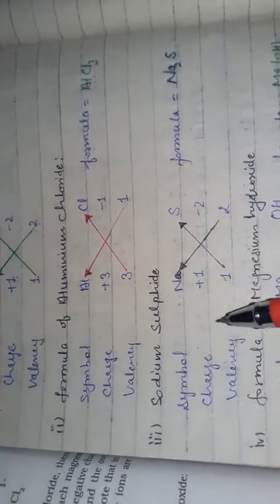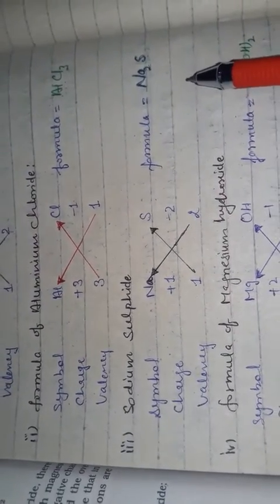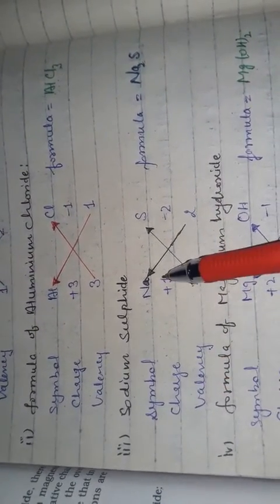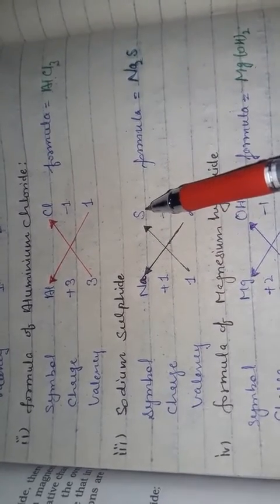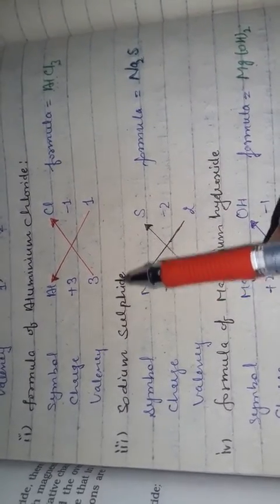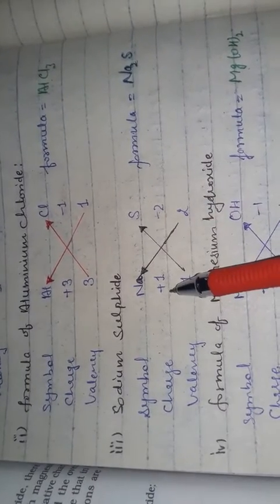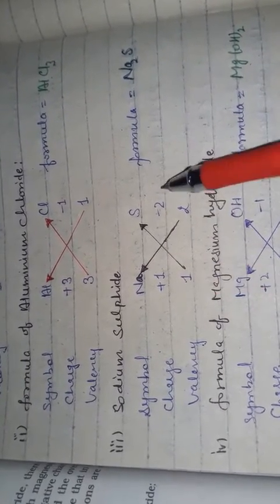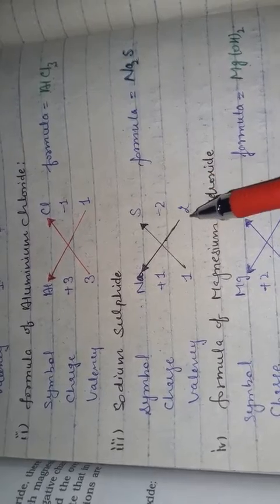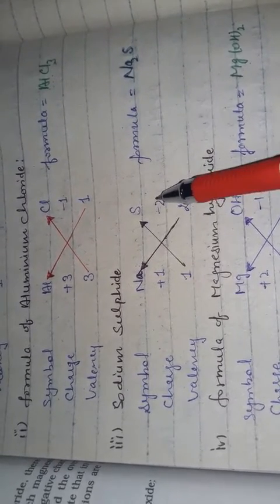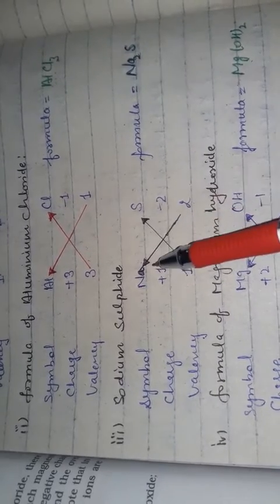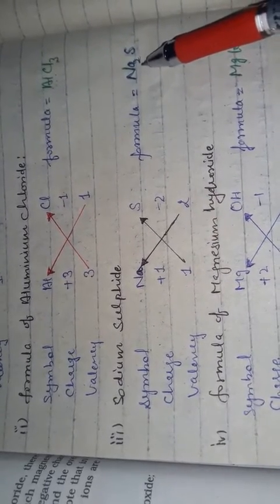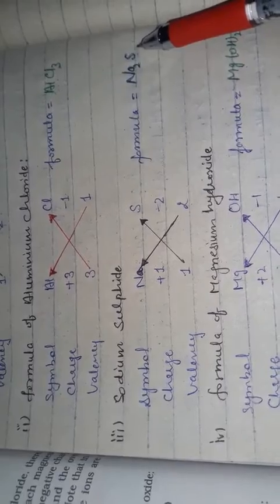Similarly for sodium sulfide, with sulfur S. The charge of sulfur in sulfide is -2, and sodium's charge is +1. Here the charge is -2, not valency. Valency is 2, and charge is -2. After crossing over the valencies, the formula of sodium sulfide is Na2S.